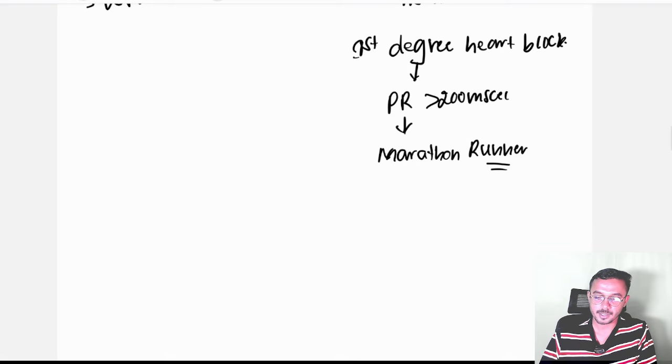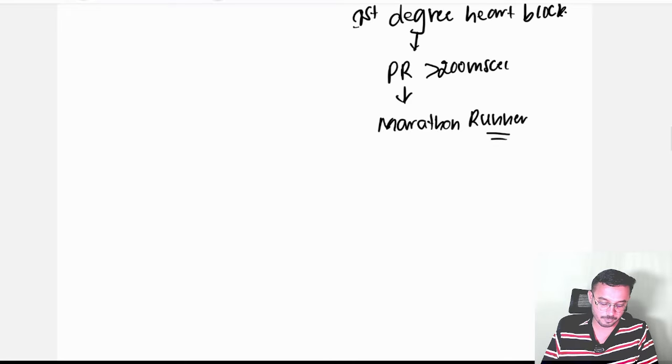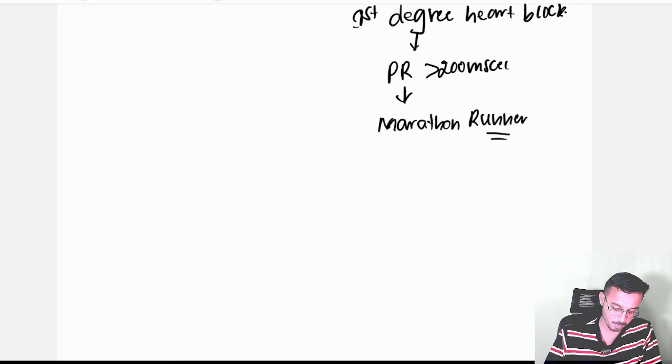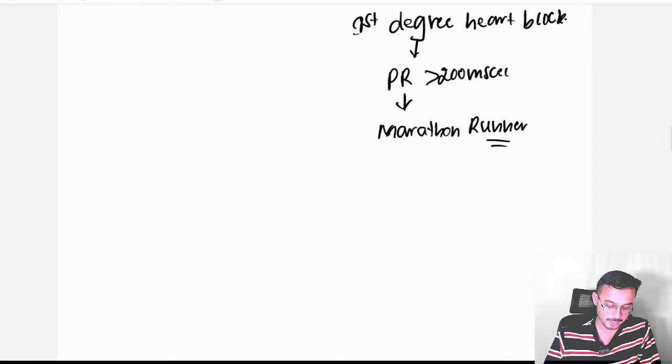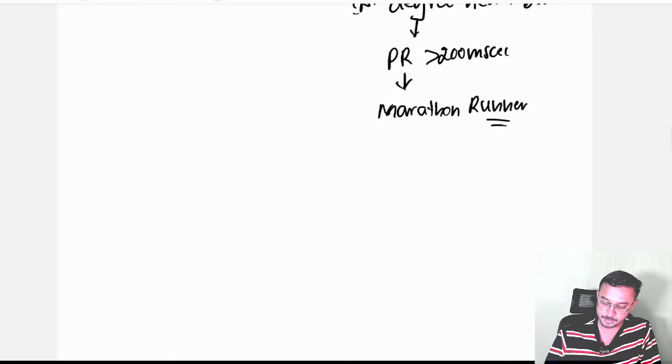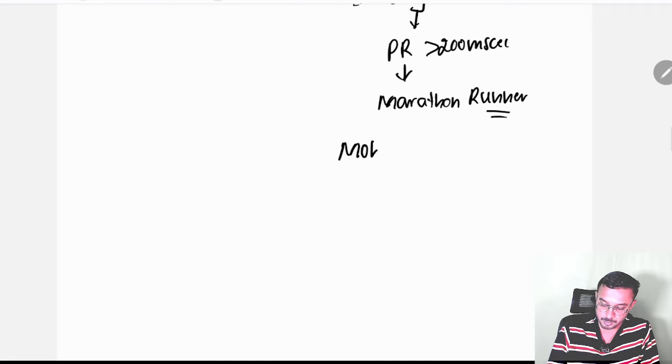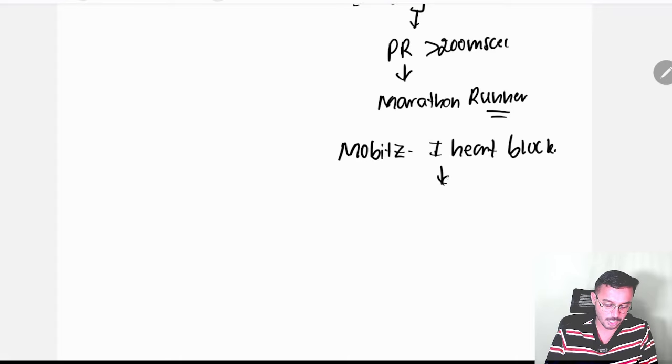Okay, and next we'll move to one more condition, that is Mobitz 1 heart block and Mobitz 2 heart block. So I will be discussing the PR interval. Why does Mobitz 1 heart block occur?